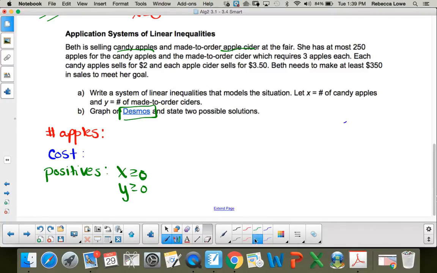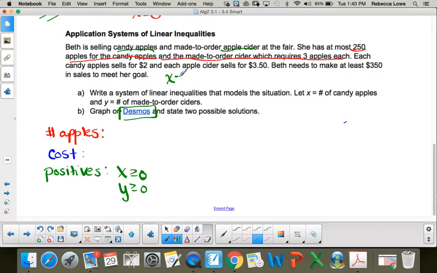She has at most 250 apples for her candy apples and her cider, which requires 3 apples each. So in other words, she has 250 total apples, and for every candy apple, that's 1 apple. But for every cider, that's 3 apples. And when you add those up, it can't be bigger than 250. So right there, we have a constraint.